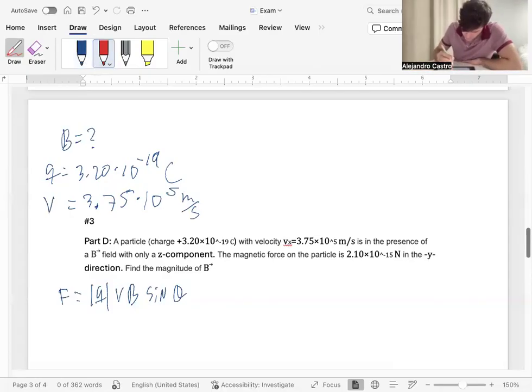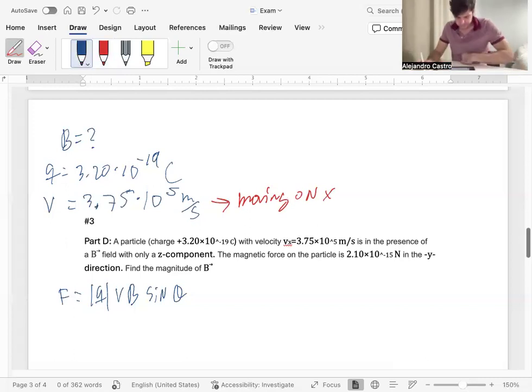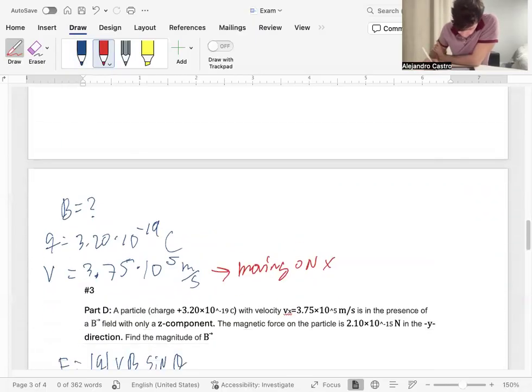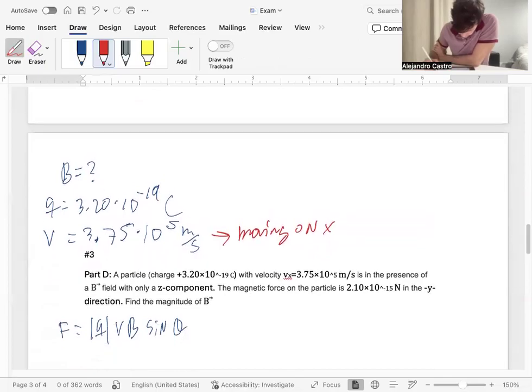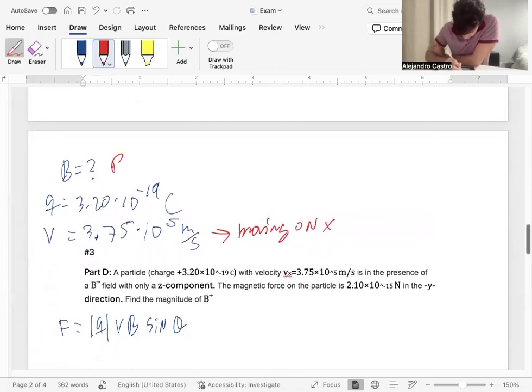Well, it says it's moving on x. B, we need to find the B, which is the field. We know this is moving, is pointing.